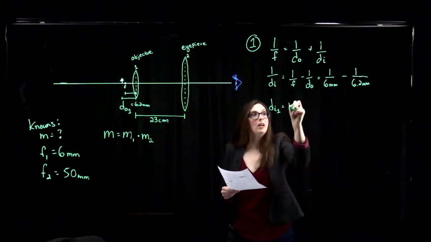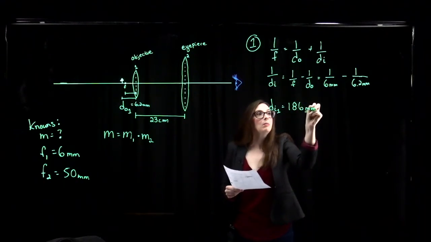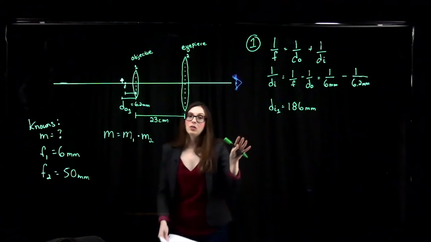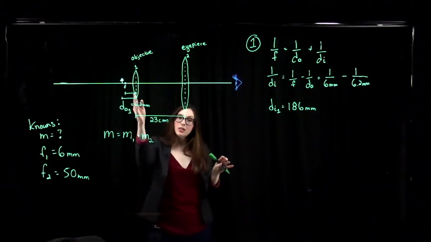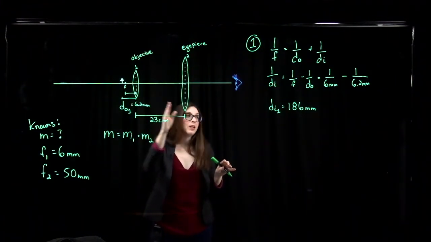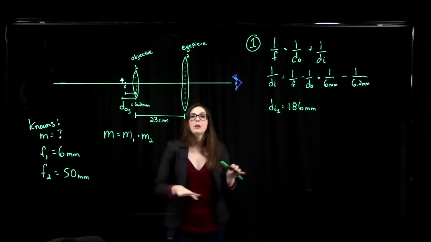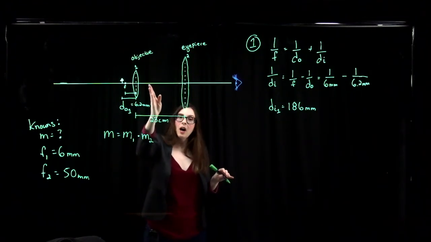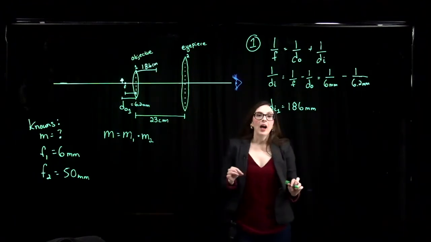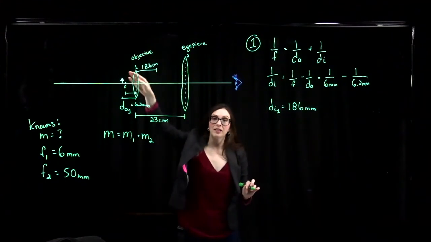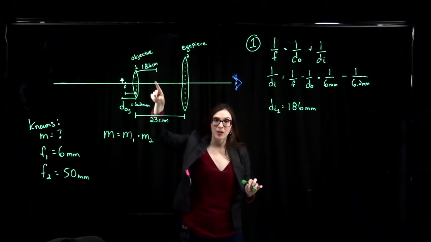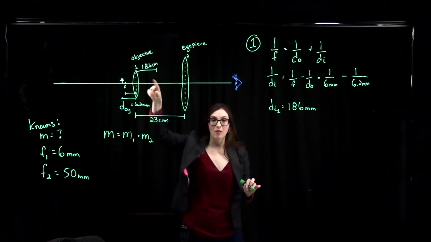It's going to be 186 millimeters. So my image from my first lens is going to appear at 186 millimeters, or 18.6 centimeters, on the opposite side of the lens. I've gone ahead and drawn that distance right here. So my image is going to appear somewhere here, 18.6 centimeters on the opposite side of the lens.